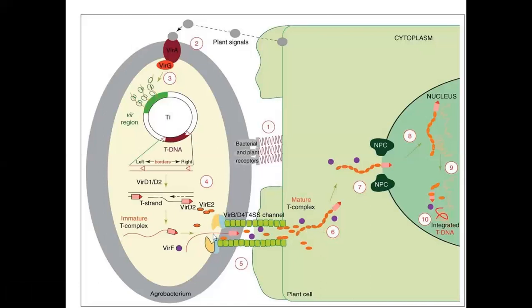If the target mRNA reaches plant cells, it enters the nucleus with the help of virulent protein F. From the plant cell cytoplasm, target mRNAs reach the nucleus and enter through the nuclear pore complex.